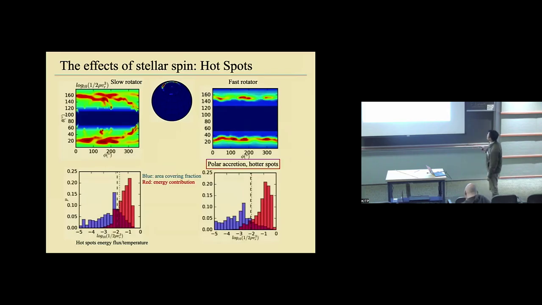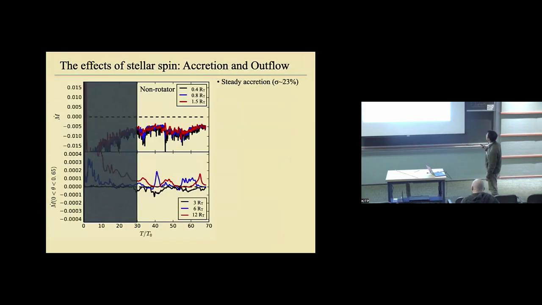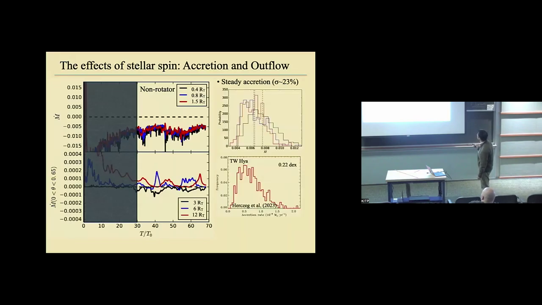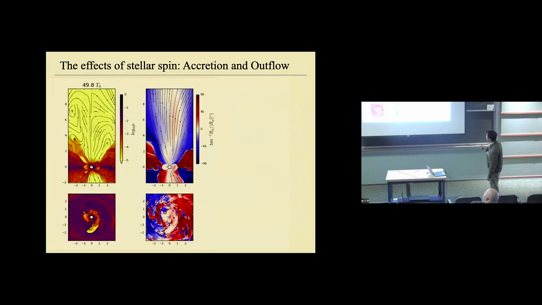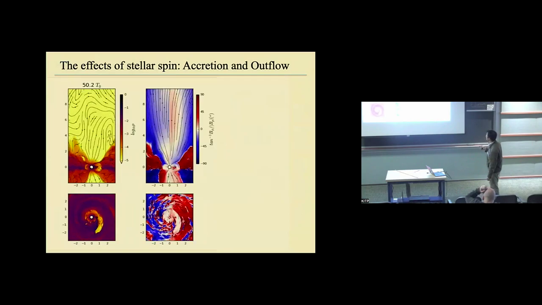Okay, so after this, we also study how accretion and outflow are affected by the rotation of the star. Overall, the accretion is relatively steady, and it's consistent with some observations like TW Hydra. But outflow is very chaotic, and this is because you have this field inflation operating in the disks.